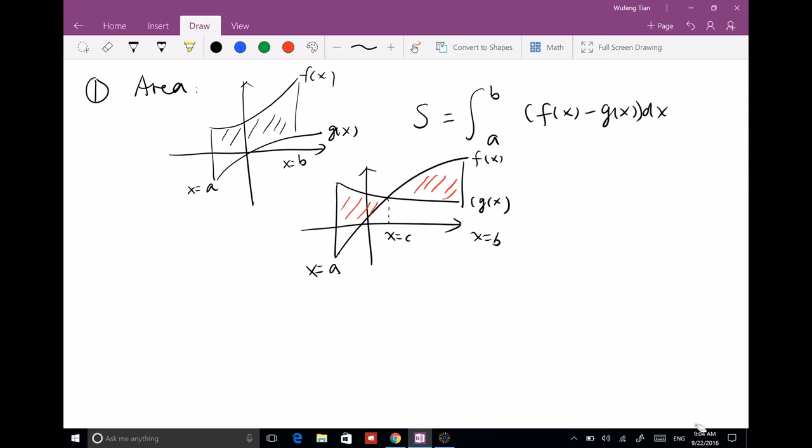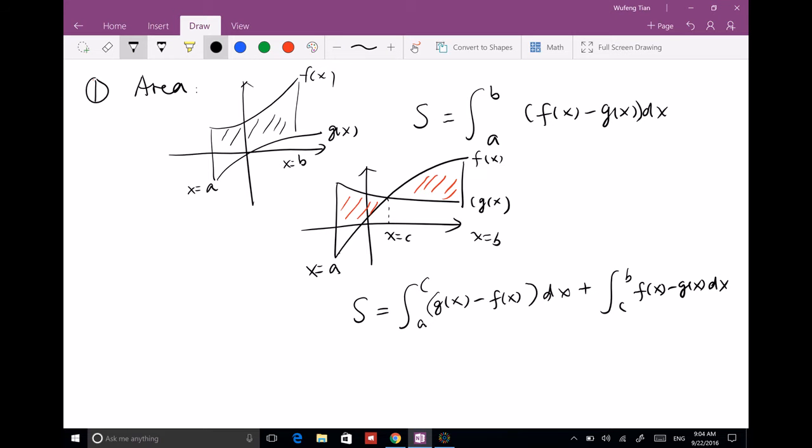This is another case. S equals from a to c, g(x) minus f(x) dx plus from c to b, then f is bigger, so f(x) minus g(x) dx. Okay, this is the first one we did, area, which is pretty simple.